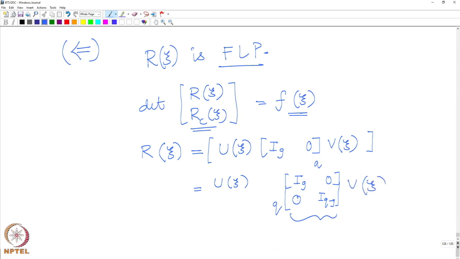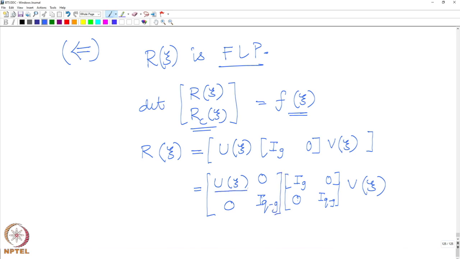Multiplying V xi is okay, multiplying U xi of course is not possible. So I add this identity of size q minus g and pad it like this. I write this as I q minus g, that is the size. I hope it is okay.